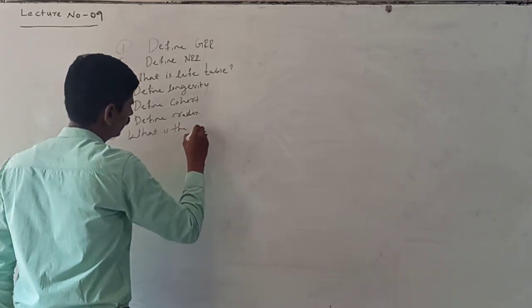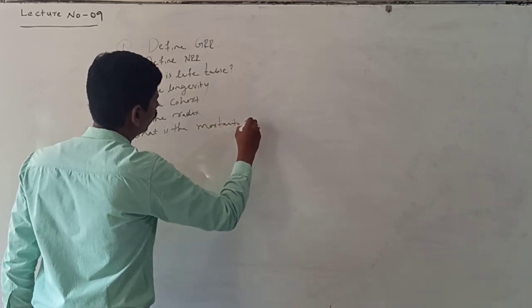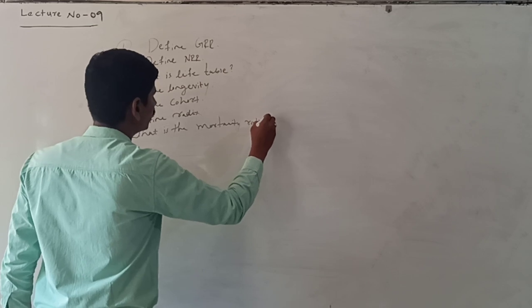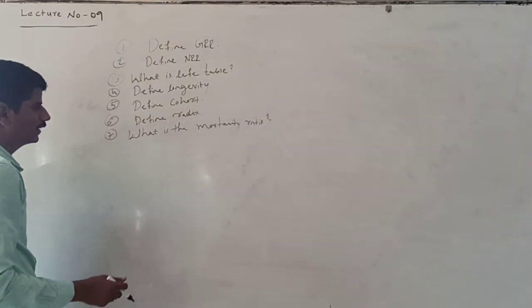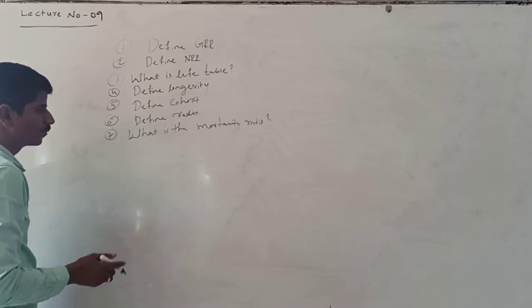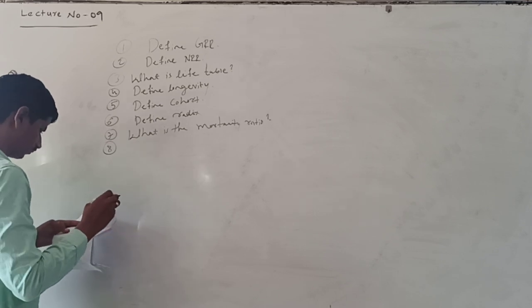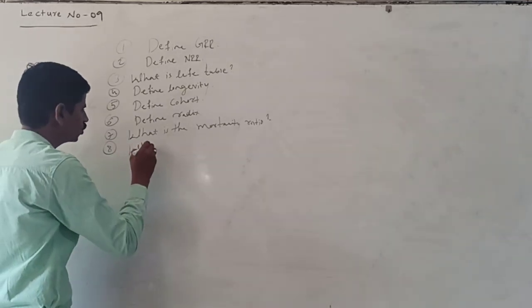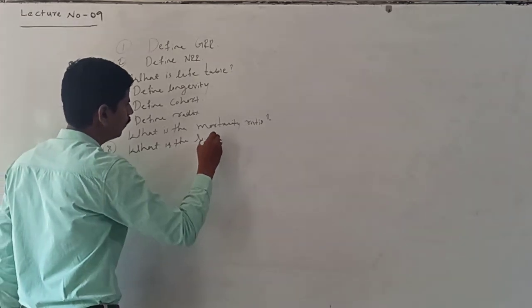Here mortality and mortality ratio are different. Mortality means the deaths occurring in the human population. Mortality ratio is the probability that a person aged x does not survive till age x plus 1. Next, what is the survival ratio?